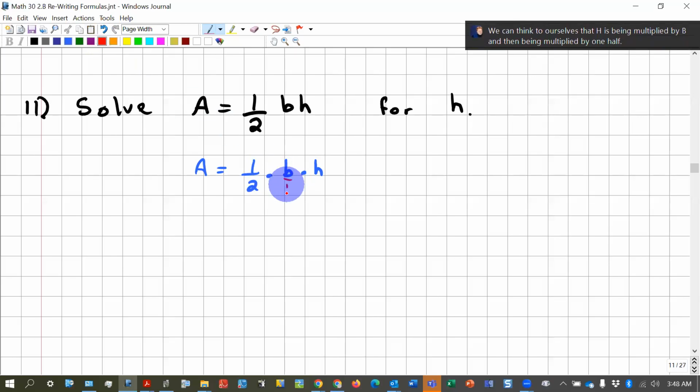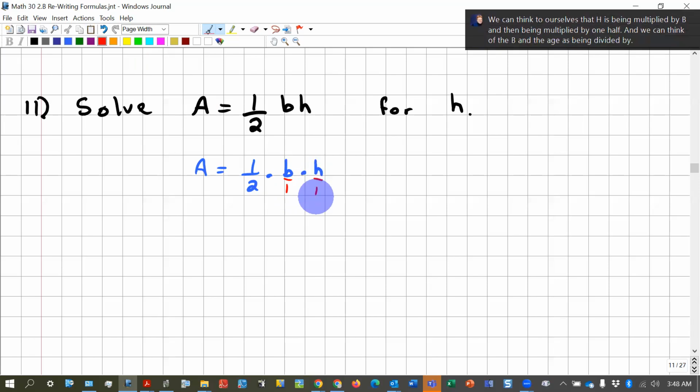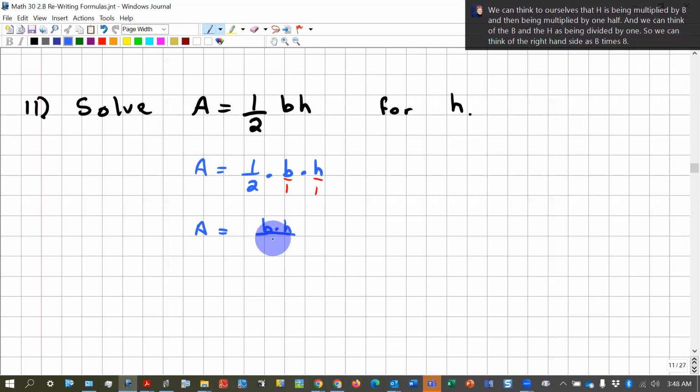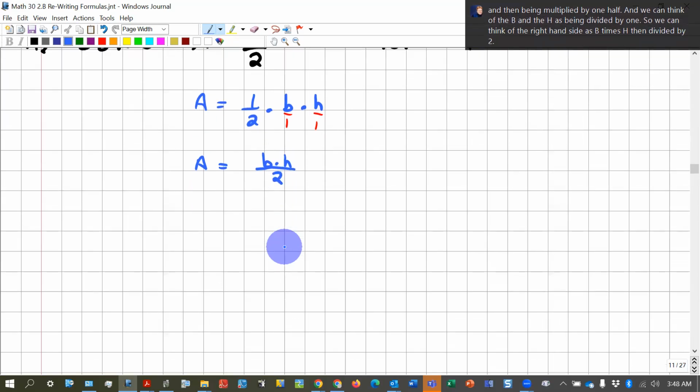And we can think of the b and the h as being divided by 1. So we can think of the right-hand side as b times h, then divided by 2. And we can clear our fraction by multiplying both sides by 2.